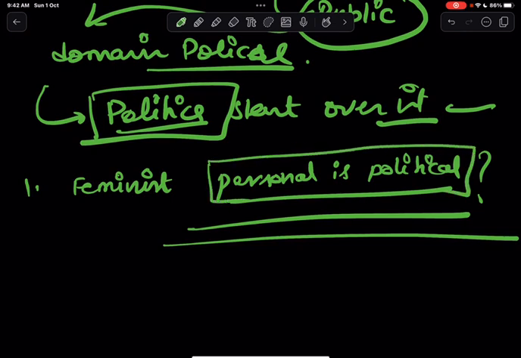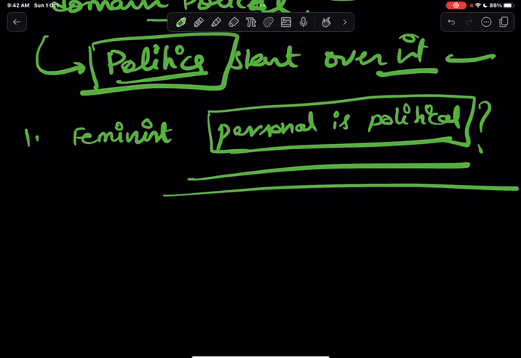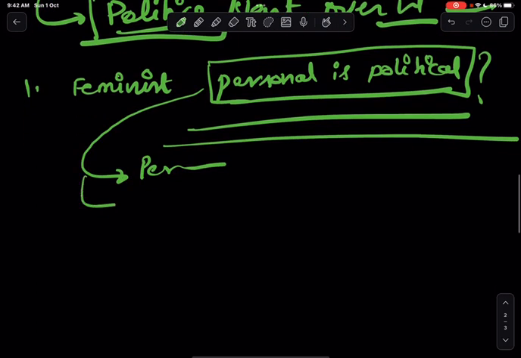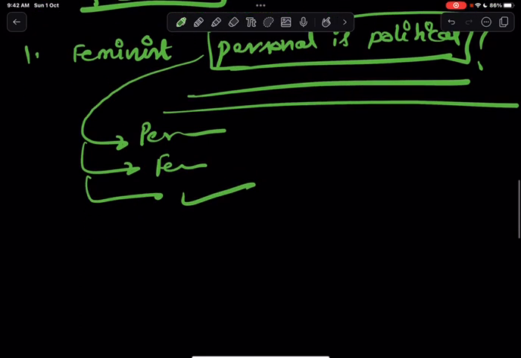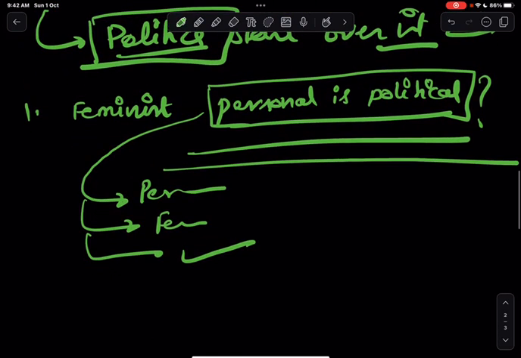This question has been asked multiple times in your exam, and I have seen the way students are writing. More often they write about the person who has spoken this quote. Other times they start with feminism, other times with other different things. But until you have an understanding of the political, you can never explain this statement.